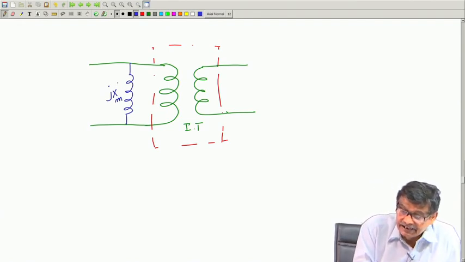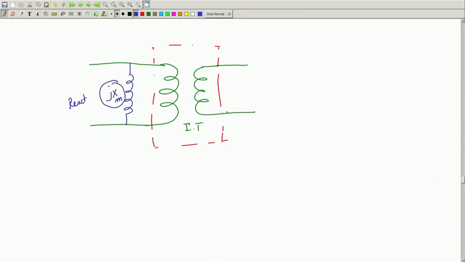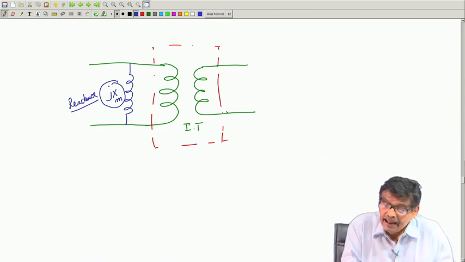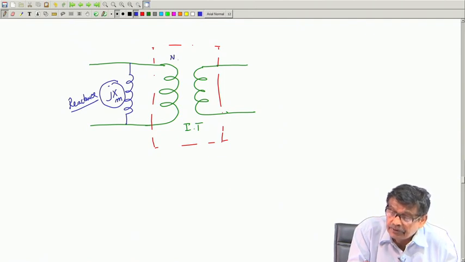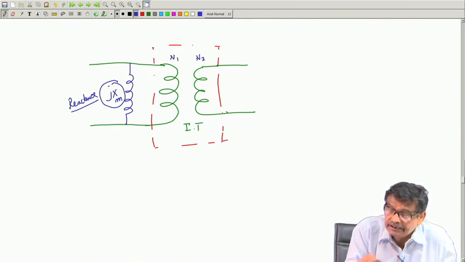So, this is a reactance added by me to an ideal transformer, which I have shown in a box, with the same turns ratio N1 is to N2, like this.